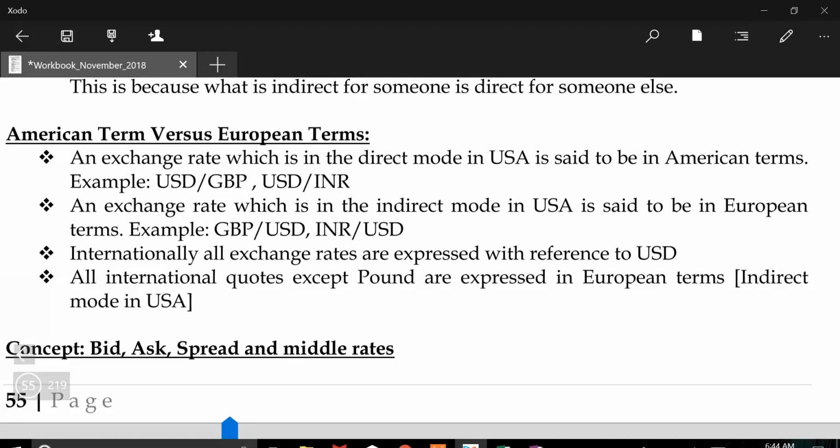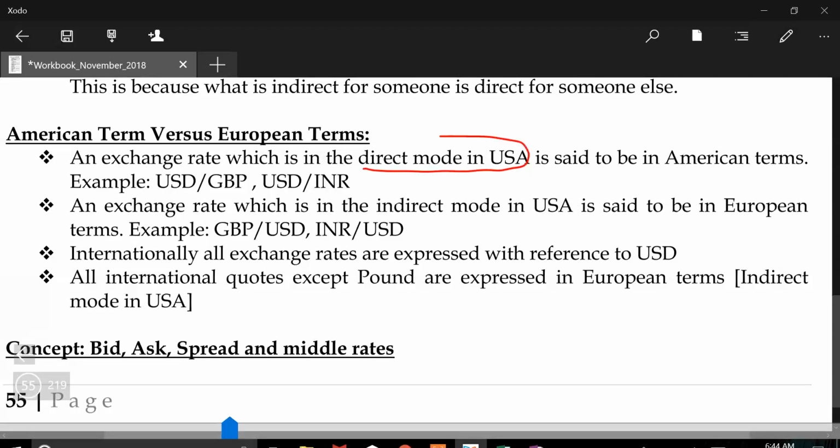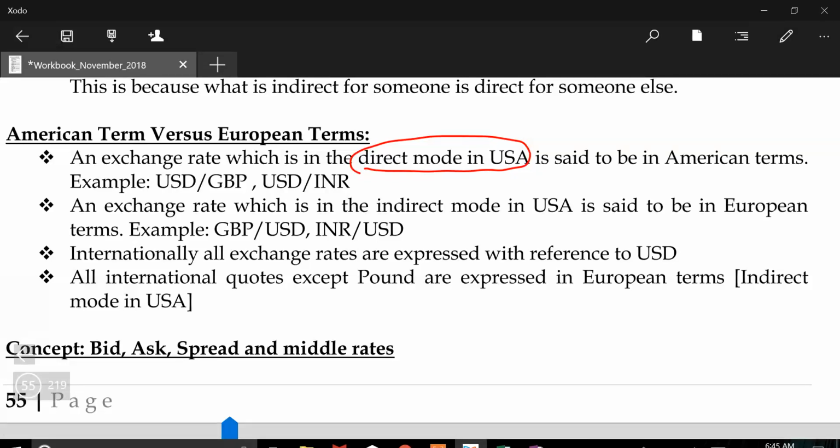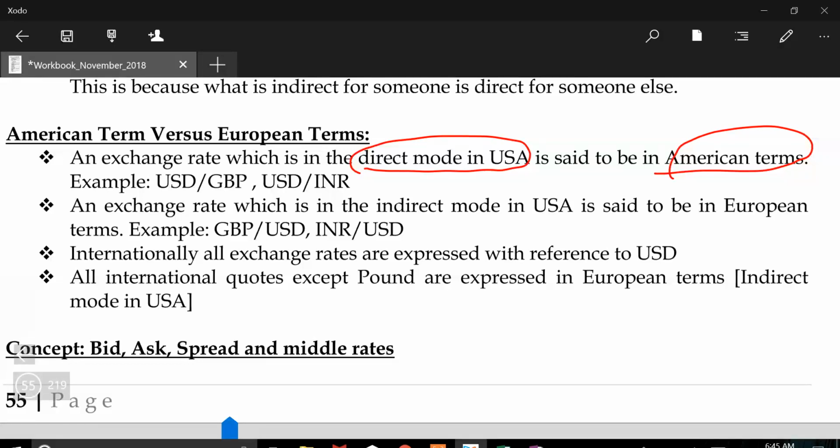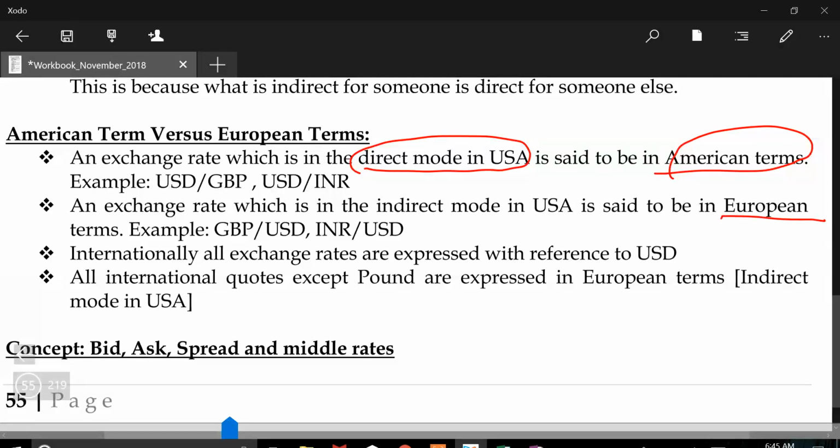Now, an exchange rate which is in direct mode in USA, that is any direct quote in USA, is technically called an American term quote. Any indirect quote in USA is called a European term quote.